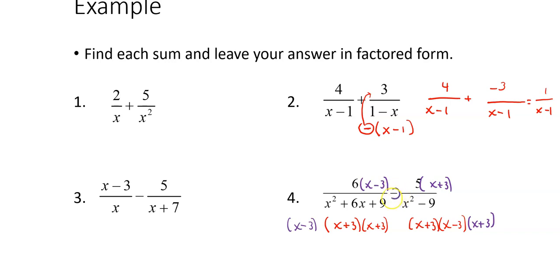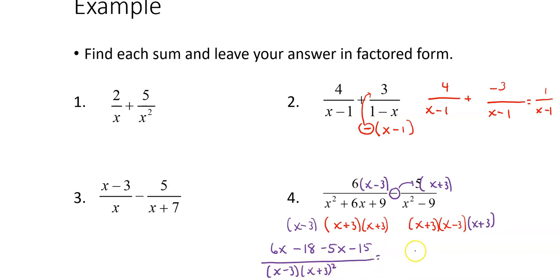And we have to remember that that negative applies to the second term. So our numerator becomes 6x minus 18 minus 5x minus 15 over x minus 3, x plus 3 squared.